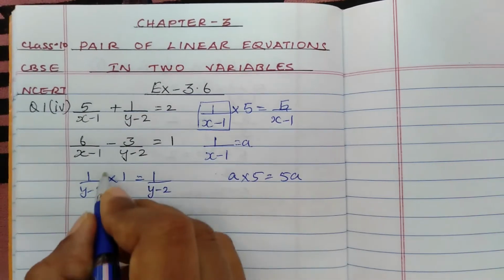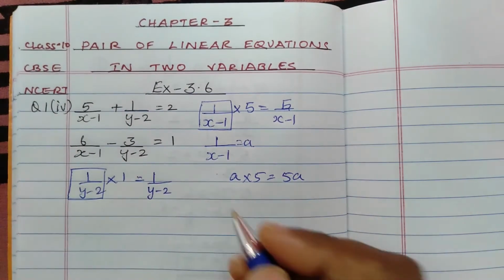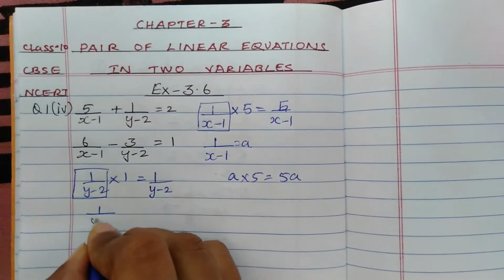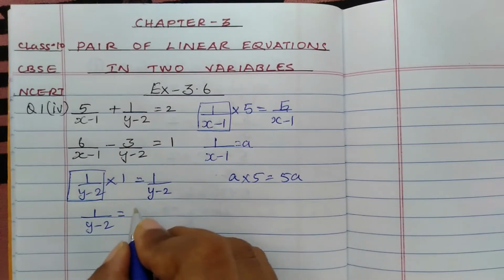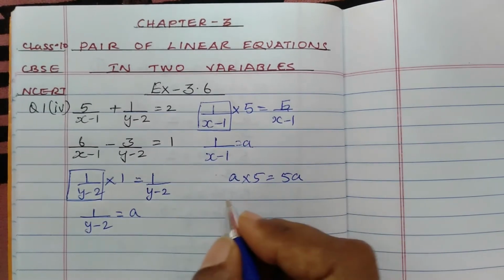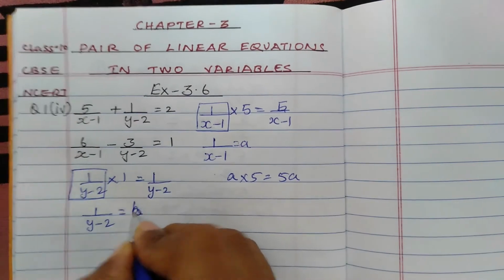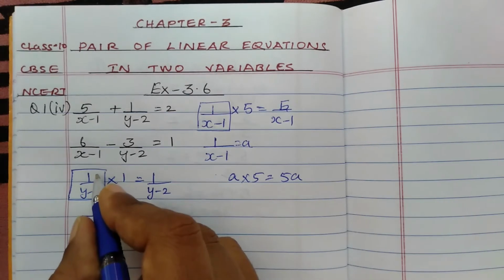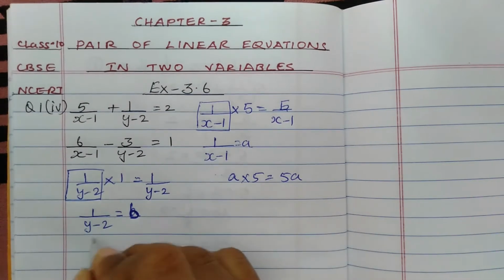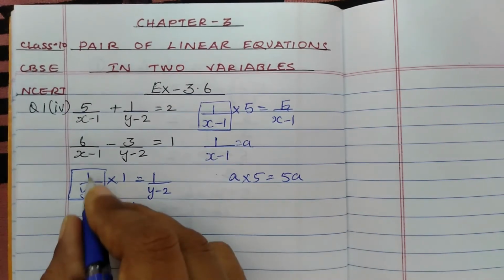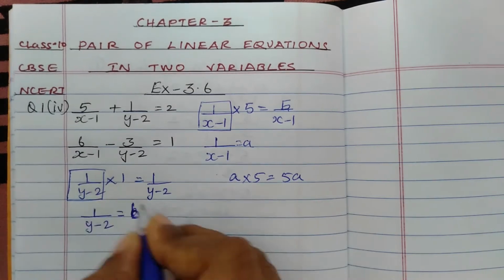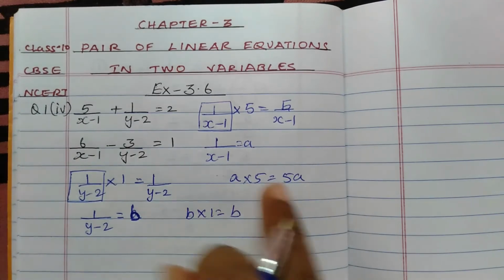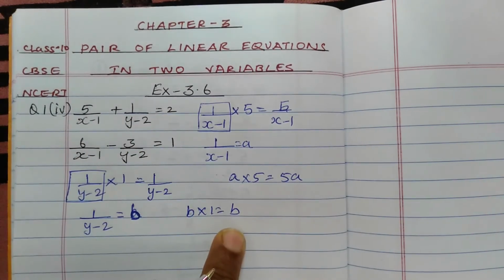So we will be giving this term a value. So let us say 1 by y minus 2 is equal to, sorry, I have to give it b. Because this is a, so this will be b. If 1 by y minus 2 is b, then I can replace 1 by y minus 2 with b here. So b into 1 will give you b only. So that way we got our second term for the first equation.